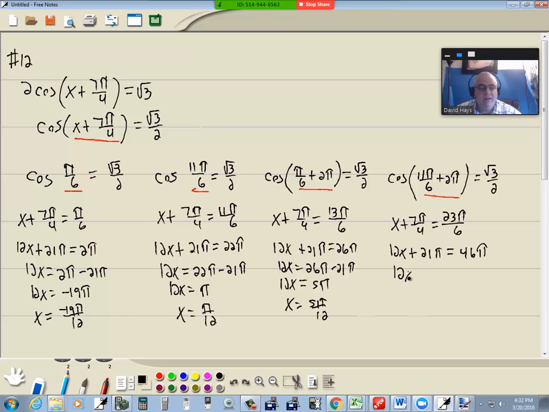So then take the 21 pi over, 46 pi minus 21 pi. You get 12x is equal to 25 pi. Divide both sides by 12, and I get 25 pi over 12.